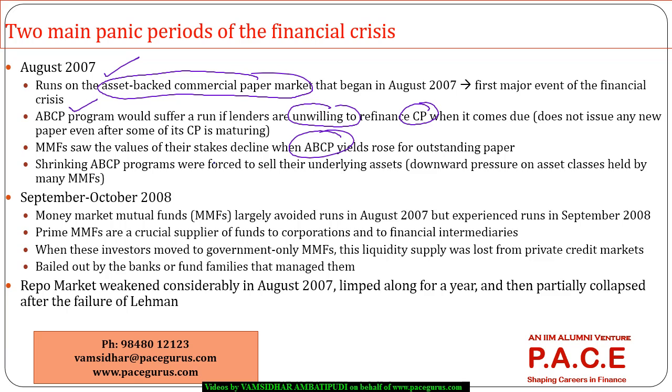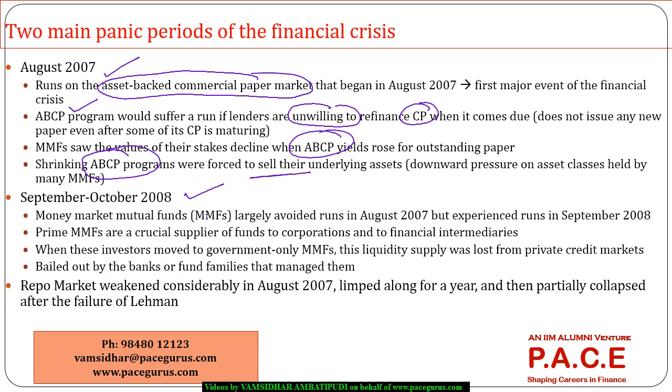So because of this, there were so many asset-backed commercial papers where the underlying assets were sold at phenomenally lower prices, and the values went down quite drastically, which resulted in the overall collapse during 2007. So that is one major panic period.